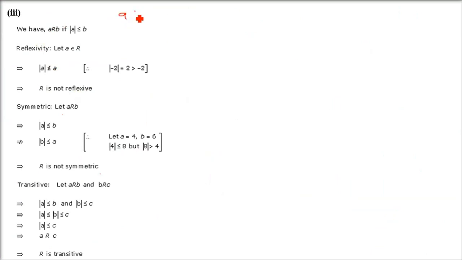Now the next one is: A is related to B if mod A, mod is absolute value, whatever you put it will come as positive, is less than or equal to B. I'll take an example here. If I put minus 2, I'm checking reflexive. So mod of minus 2, which is 2, is less than or equal to minus 2? No. So it is not reflexive.